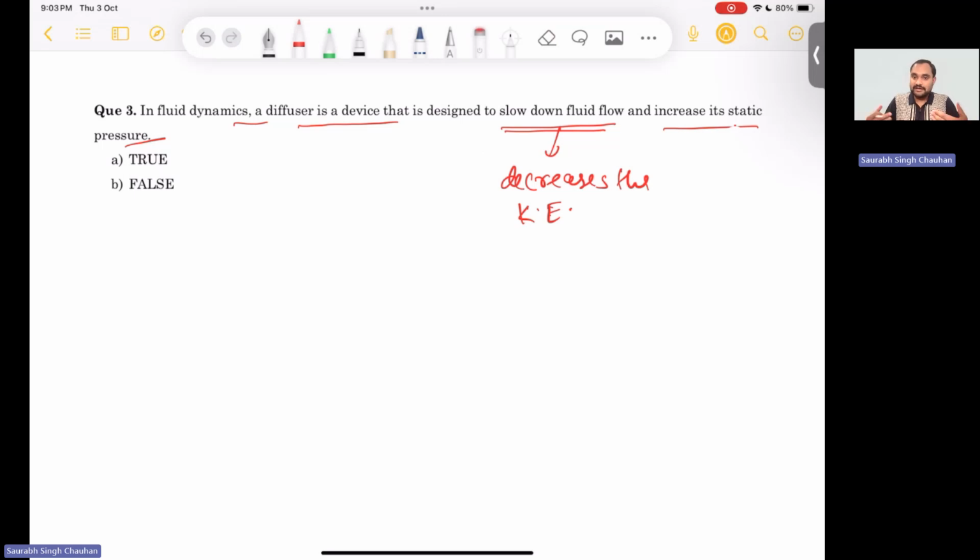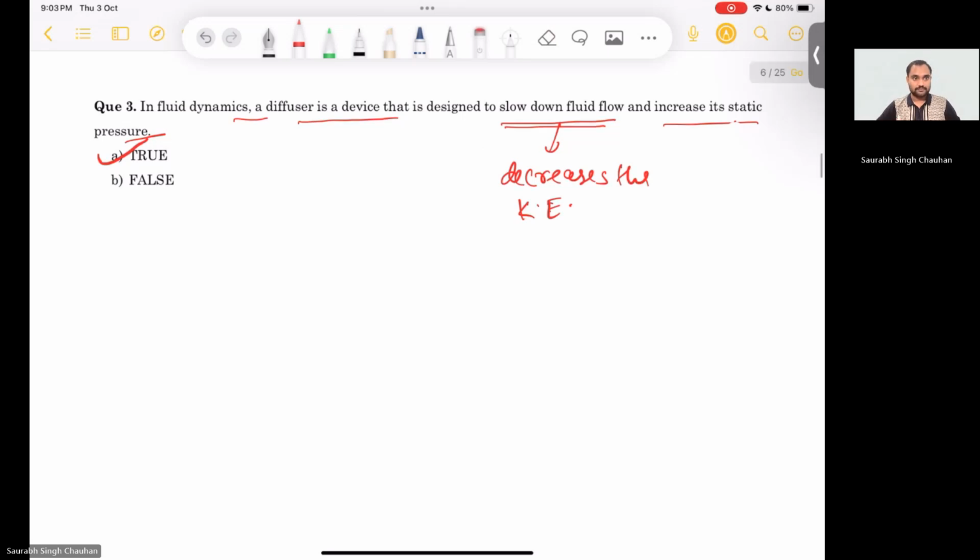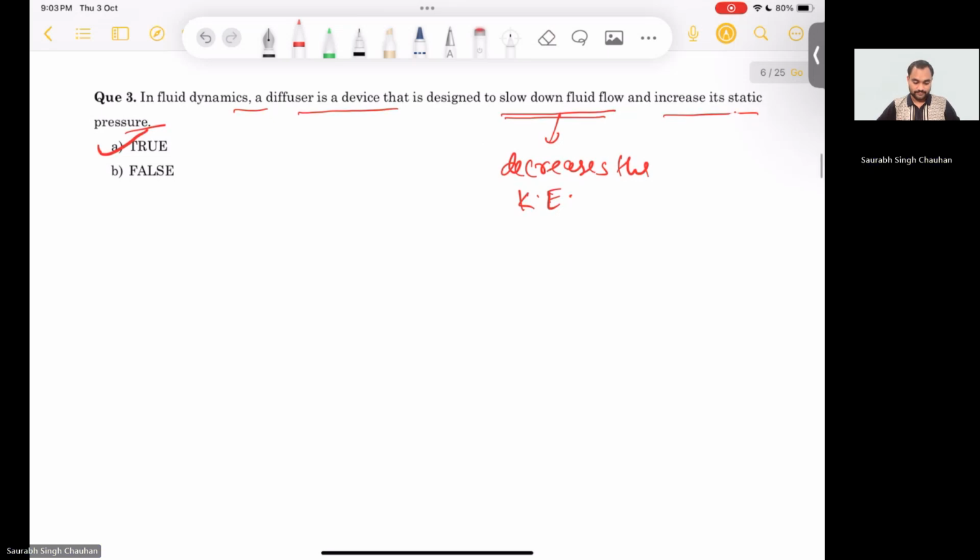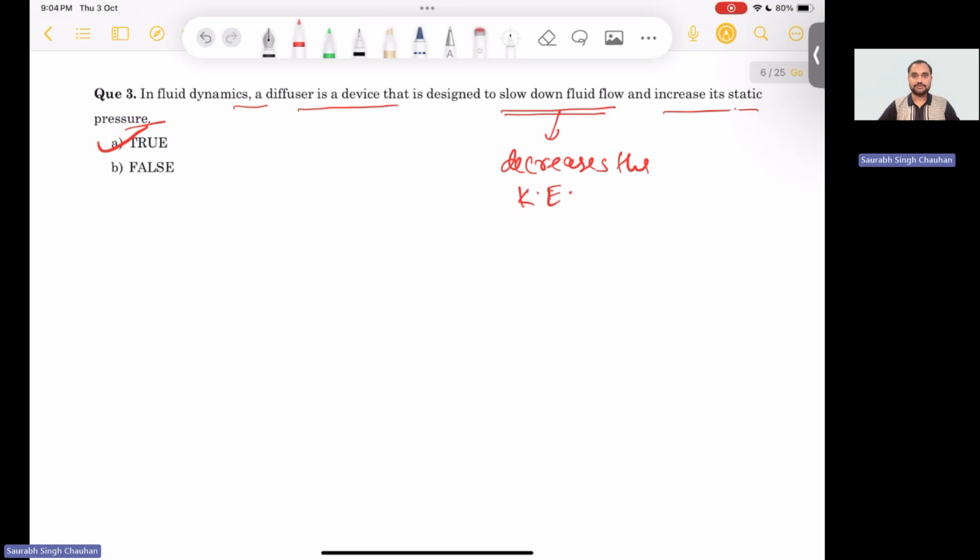So it increases the static pressure and slows down the fluid flow. Okay, so this is a correct statement. The answer should be option A, true, right? If there is no doubt, then we will move to the next question.